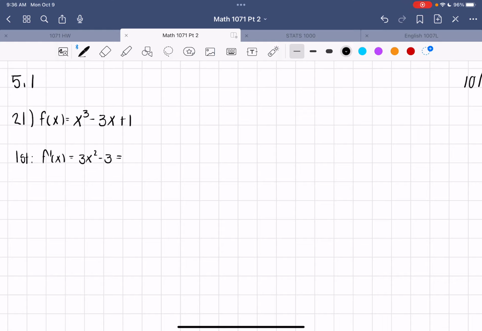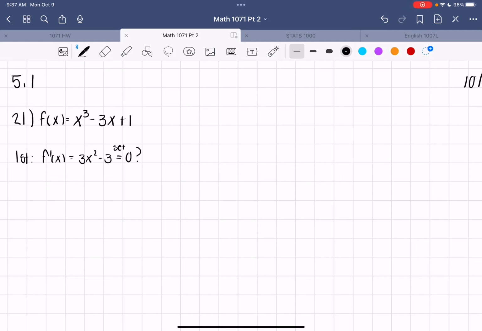Because now when I set this equal to 0, I've got some actual critical points. I don't care how you solve this.